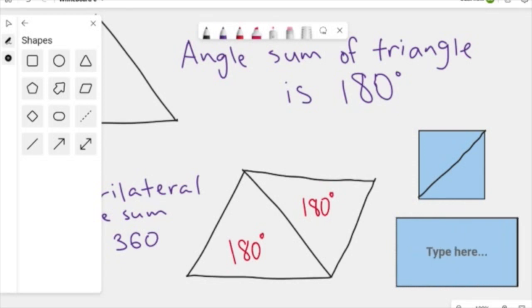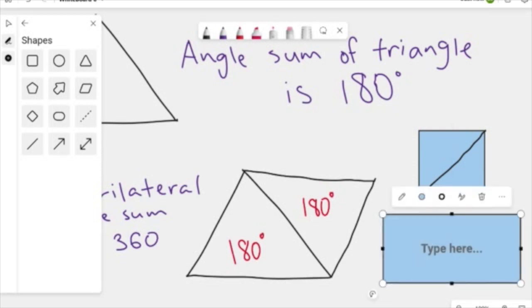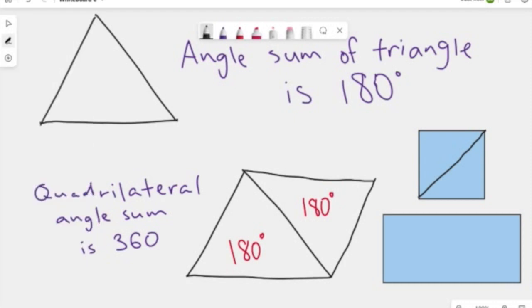So let's extend this, just drawing from one corner to the other without lines crossing. We can't do this, because we're essentially looking at one side to the other. That's how we compose these shapes out of our triangles. So same with a rectangle, from here to here, two triangles.